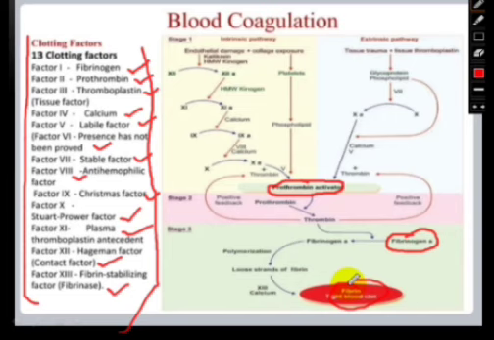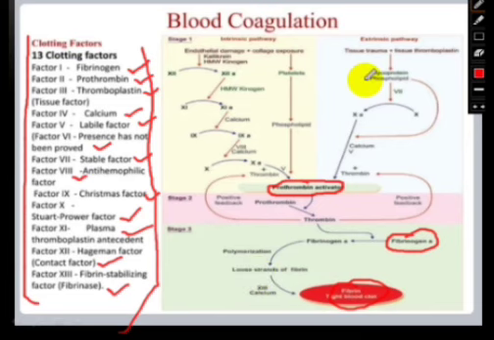Alright? So blood coagulation occurs in those 3 stages: the formation of prothrombin activator, conversion of prothrombin to thrombin, and the conversion of fibrinogen to fibrin.